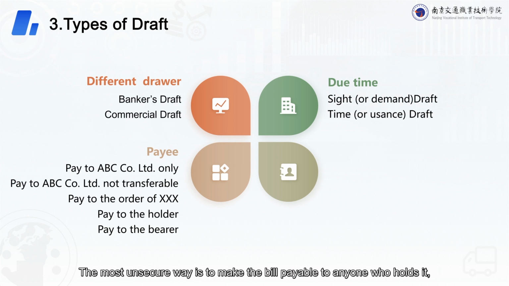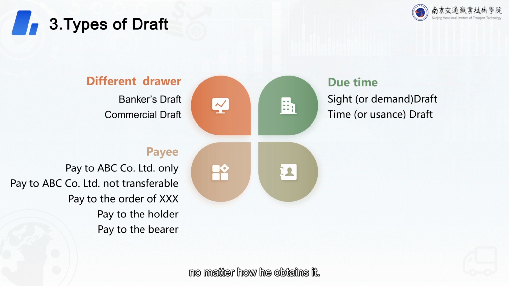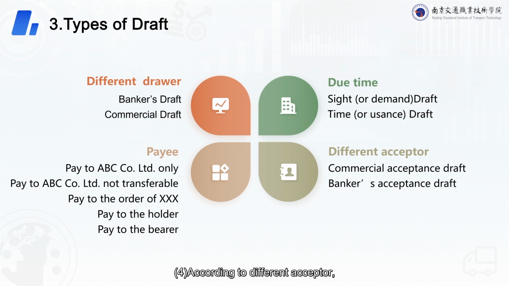The most unsecure way is to make the bill payable to anyone who holds it, no matter how he obtains it. For example, "Pay to the holder" or "Pay to the bearer". 4. According to different acceptors, bills of exchange can be classified into commercial acceptance draft and banker's acceptance draft.